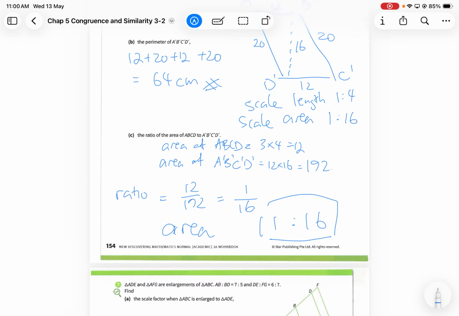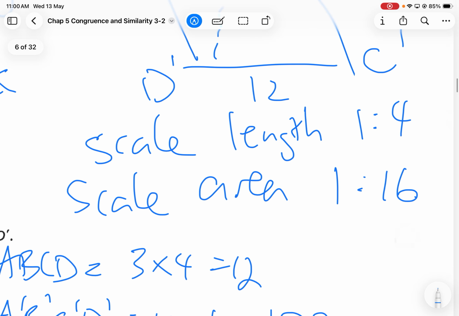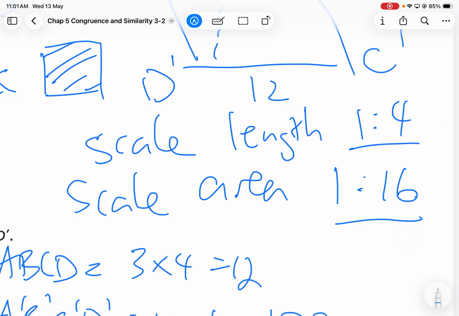Okay. So the scale for area, actually you don't need to always go through finding the area to find. When I have the scale for length, I want to change it to a scale for area. Actually, I just square both sides. From length to area, I need to multiply like a square.